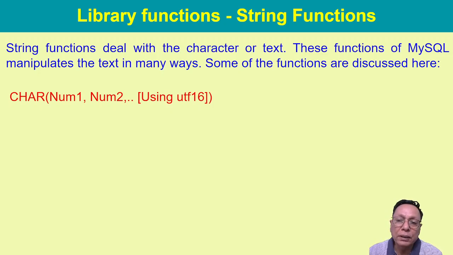But while using Windows 10, if you use a number with this function, it doesn't give the proper output. The reason is the system, Windows 10, is using Unicodes, and that is why you will have to mention USING UTF-16. As soon as you enter USING UTF-16 along with this statement, it gives the perfect output.